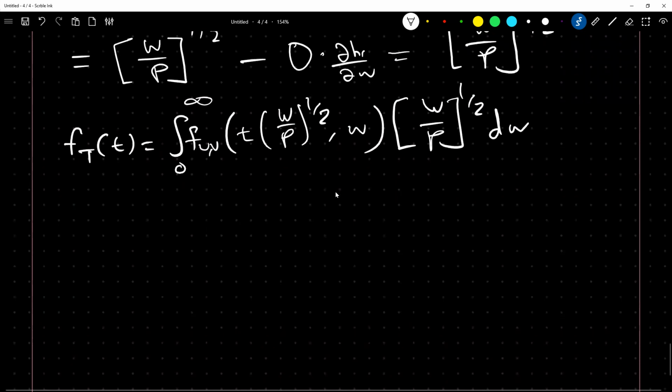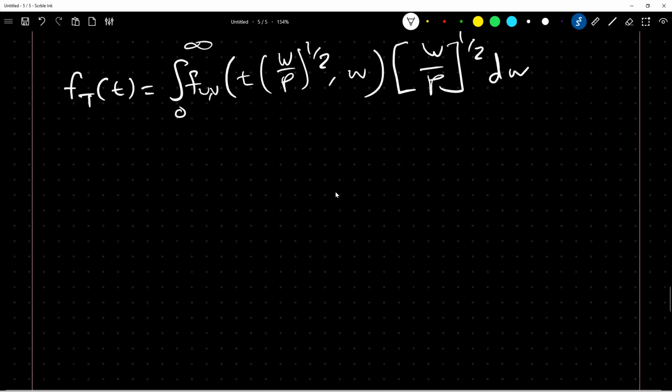Okay, so now what do we do? Well, remember, this is just U and V. So here's U, here's V, here's my Jacobian. All right, so what I'm going to do is write down the PDF with these variables. Okay, so it's going to look like this.